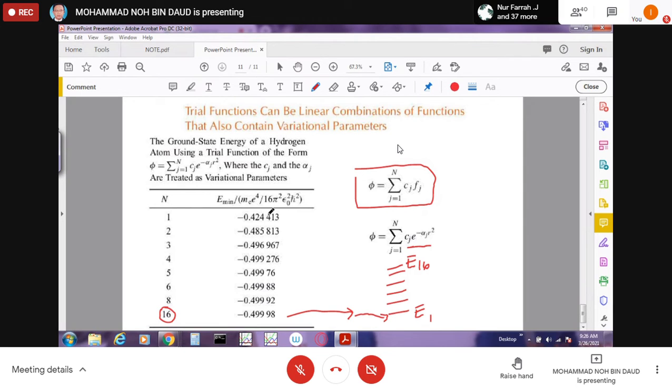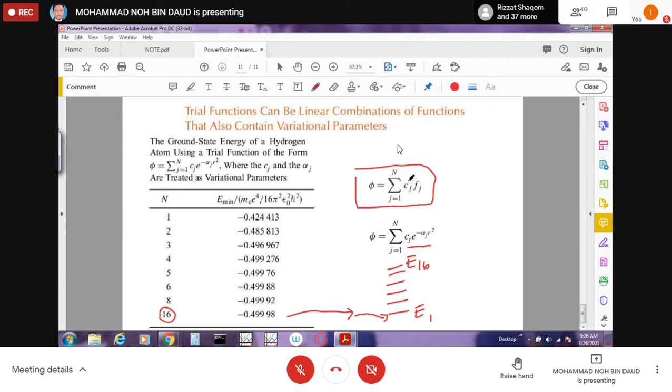We want to compare this energy, which nearly converges. If we consider up to 5, this converges up to 5 decimal places, 1, 2, 3, 4, 5. Nearly converged, which is close to the exact ground state energy.